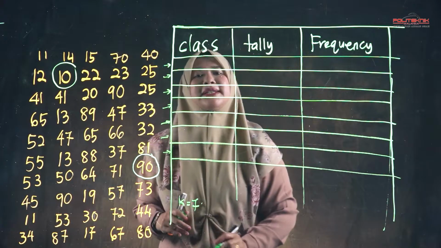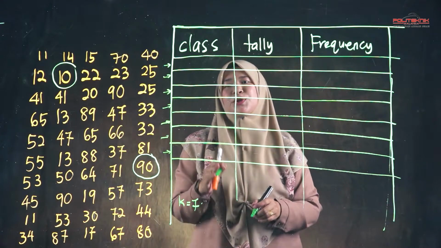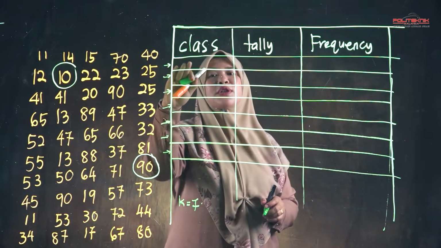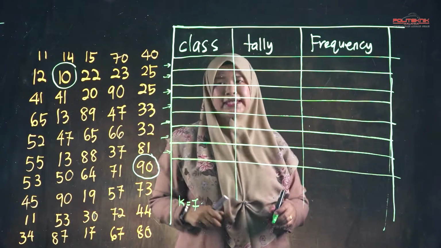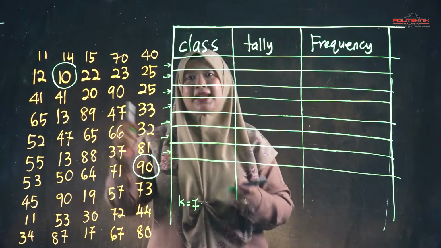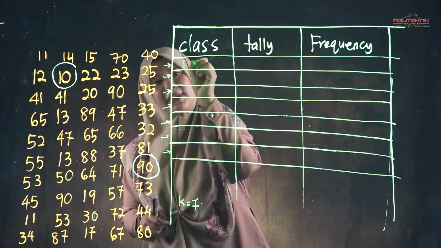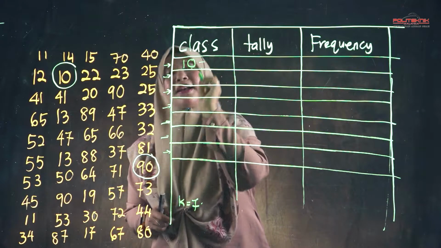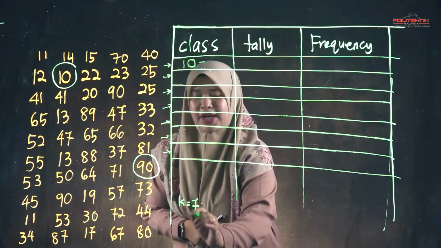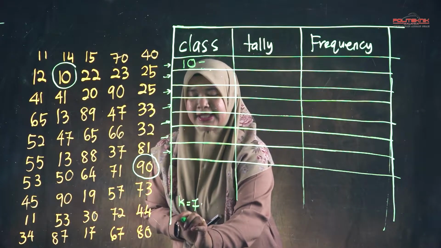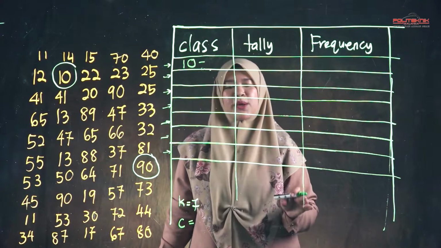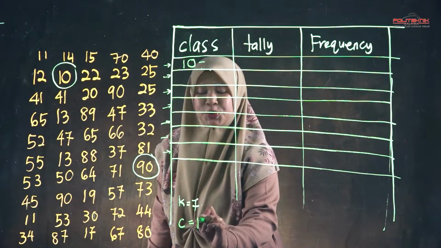Right now we need to plug in the values here. We start with the lowest value, which is 10. We write down 10 until, remember that previously we found C is equal to 12.